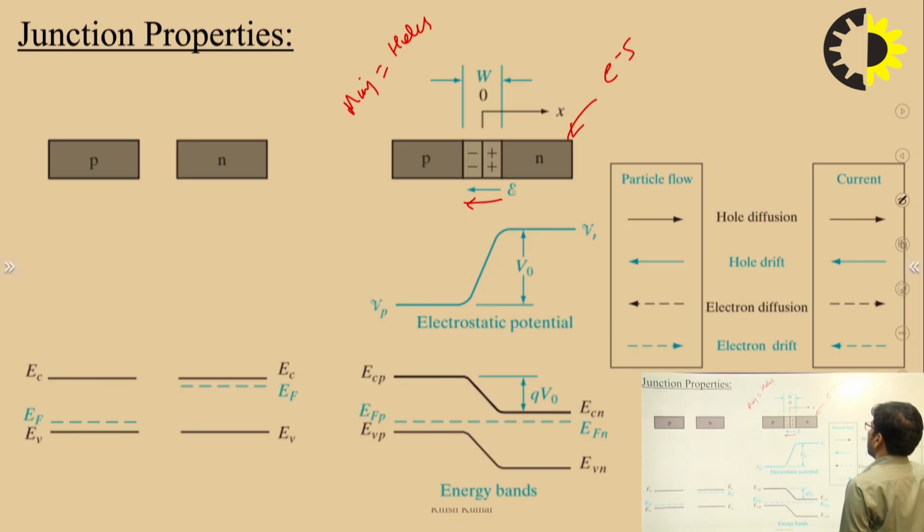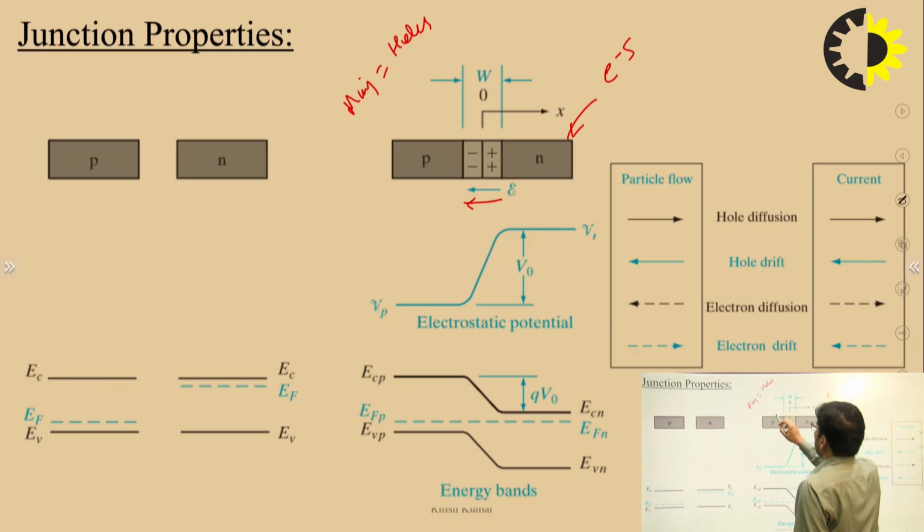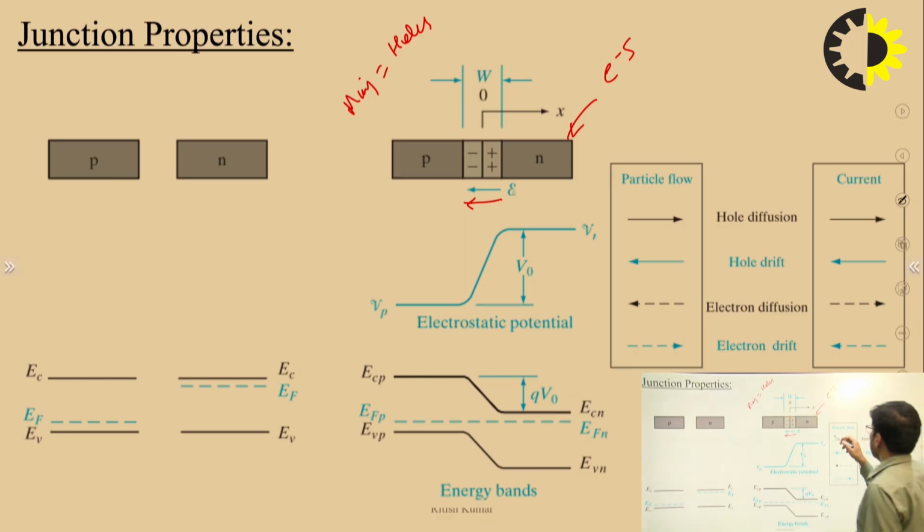So holes will move from p-type to n-type semiconductor. That's why the direction is given, the flow of particles from p to n, because the current should be in the same direction. That's why the current and flow of particles should be in the same direction.